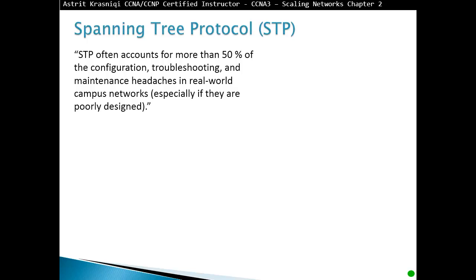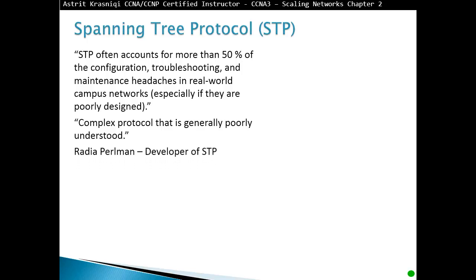Spanning tree protocol often accounts for more than 50% of the configuration, troubleshooting, and maintenance headaches in real-world campus networks, especially if they are poorly designed. So this topic is very, very important on real-world networks. 50% of your work will be dealing with this protocol. It is a complex protocol that is generally poorly understood.